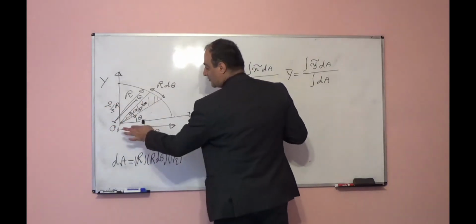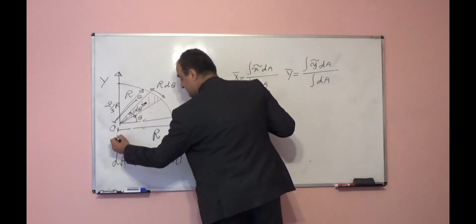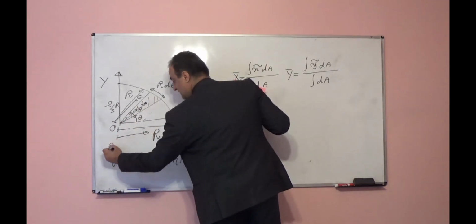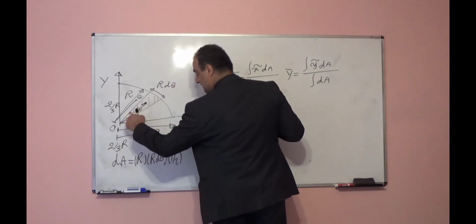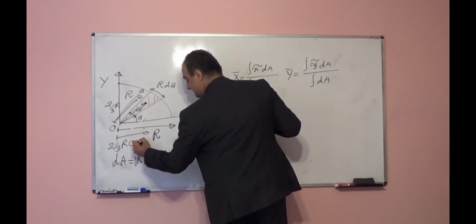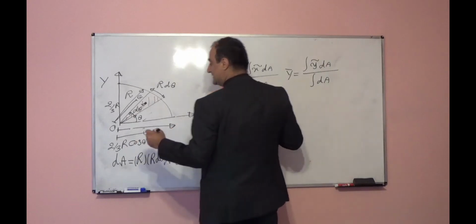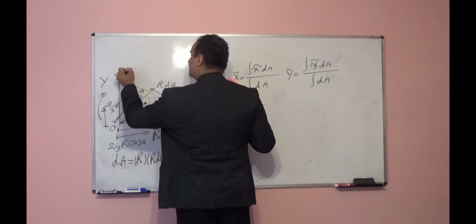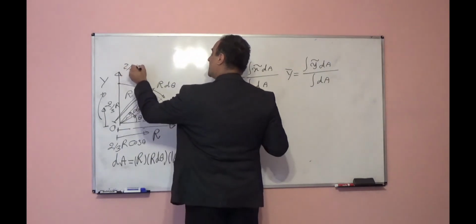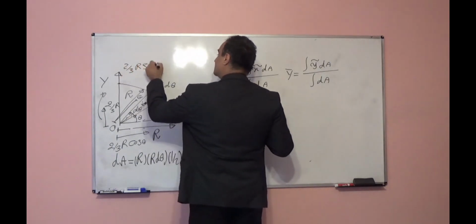If I decompose that in the x direction, it will be 2 over 3 r cosine theta. And in the y direction, it will be 2 over 3 r sine theta.